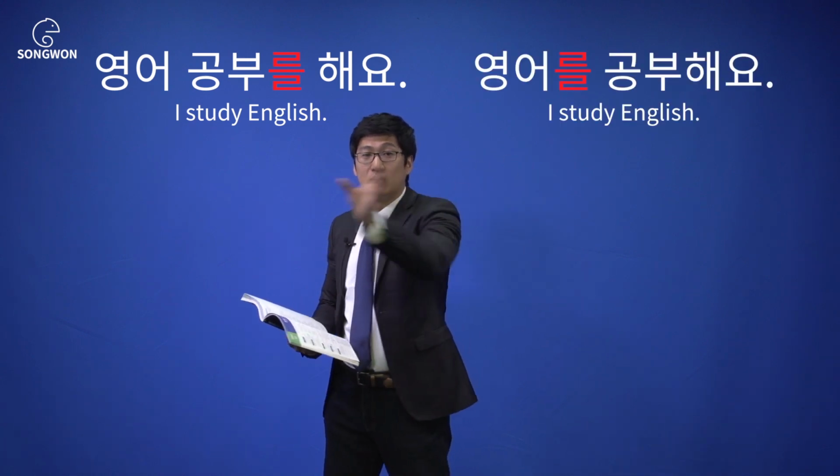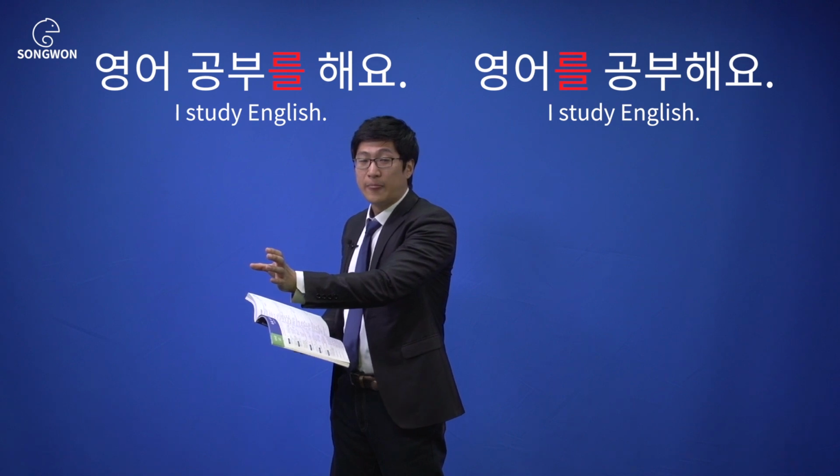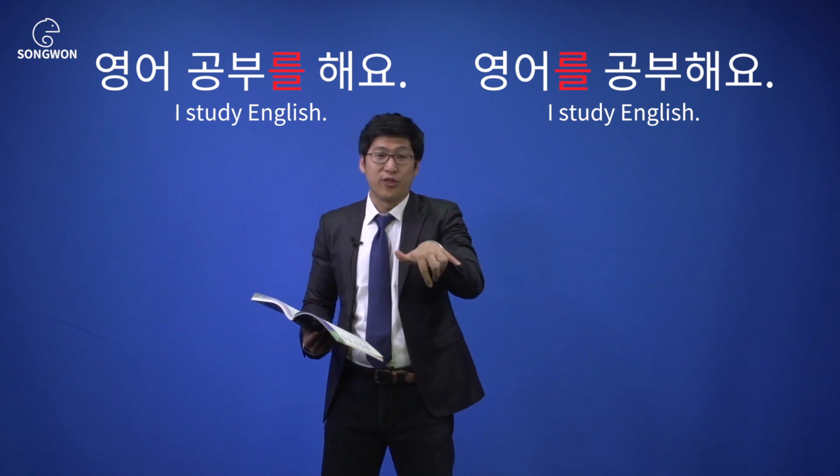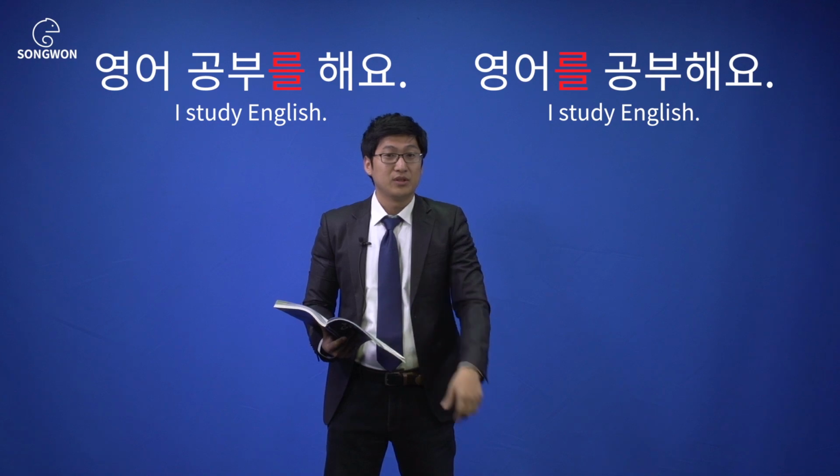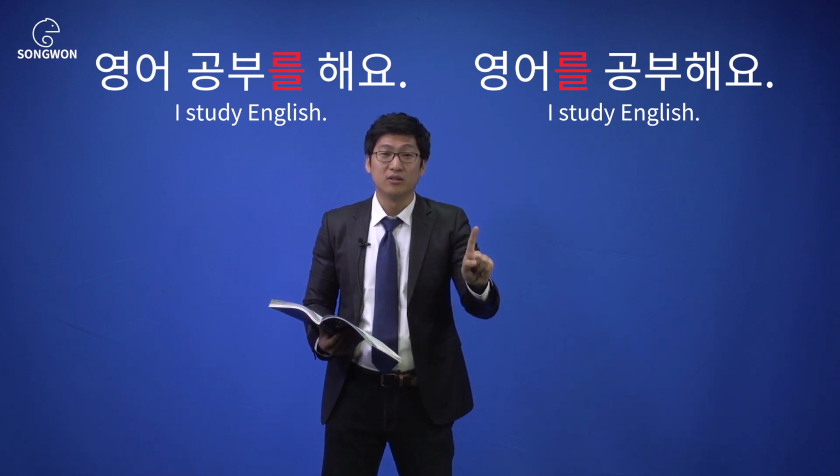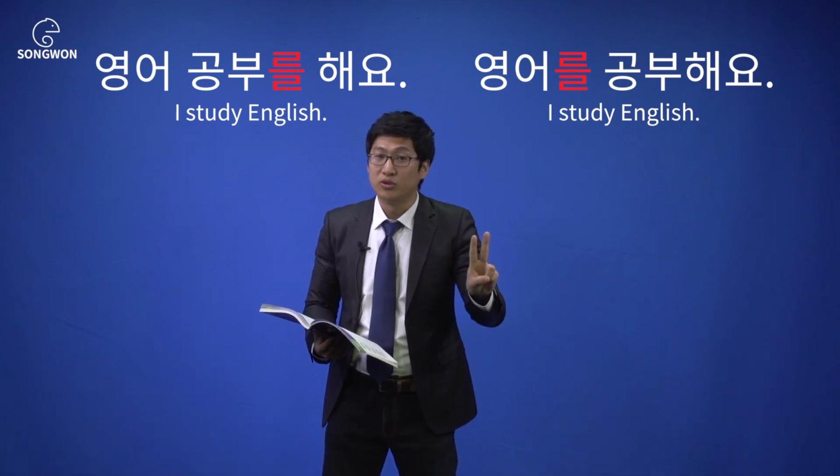So this side or this side, you need to choose. You can't use both. So 저는 영어를 공부해요 or 저는 영어 공부를 해요. It doesn't make a difference. It's wrong if you say 저는 영어를 공부를 해요. Sounds weird anyways.